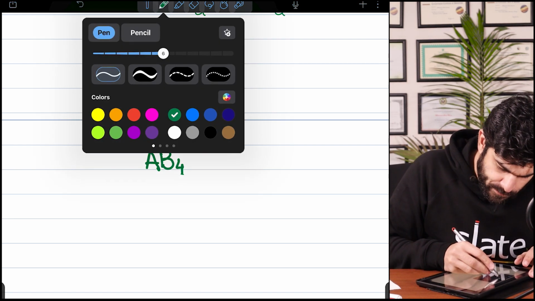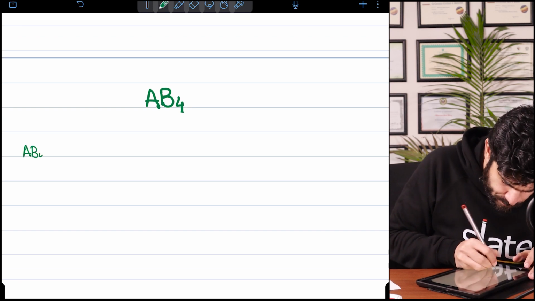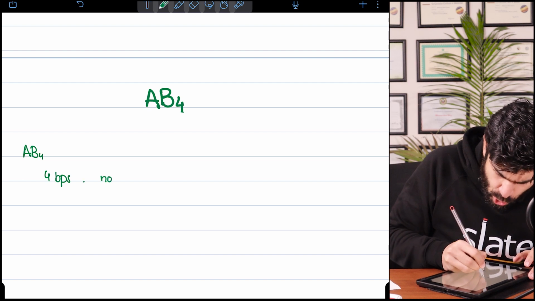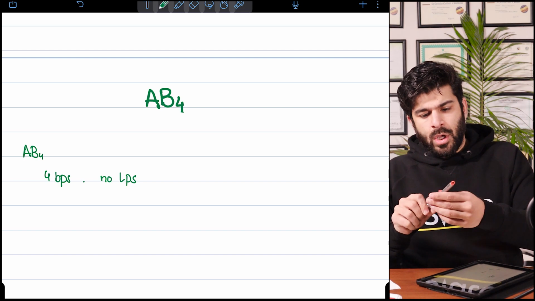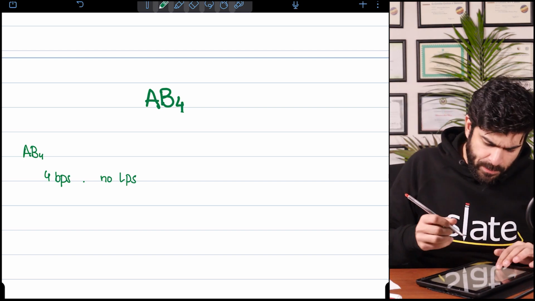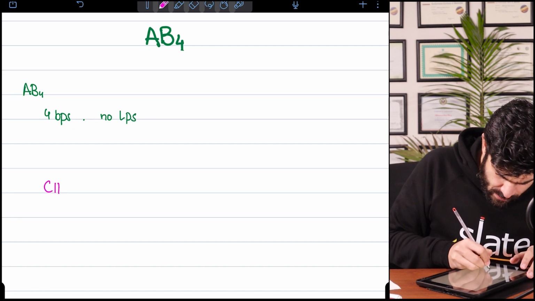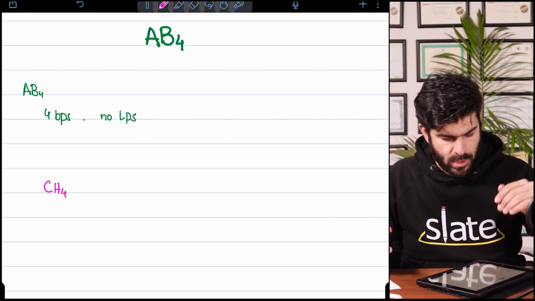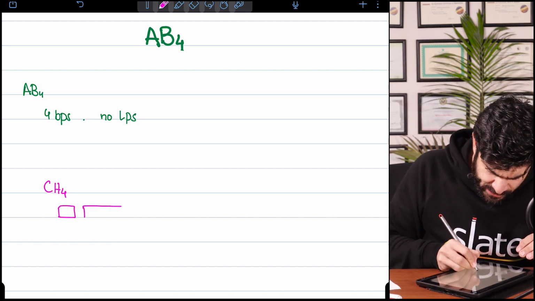So AB4, the first type is simply AB4. 4 bond pairs, no lone pairs. So let's just talk about it. The most important example is that of methane, CH4. Carbon will make 4 bonds in its excited state.